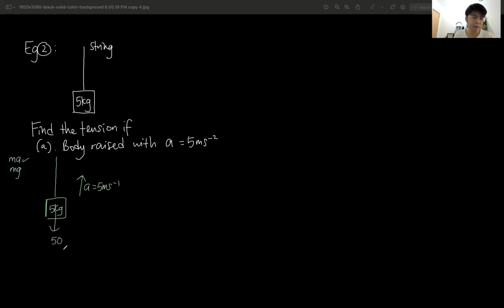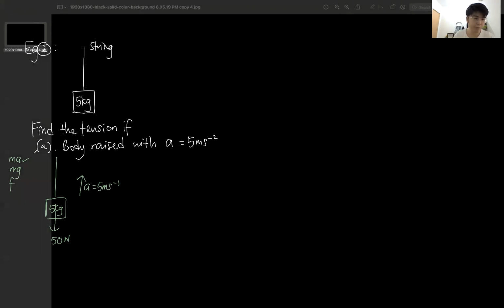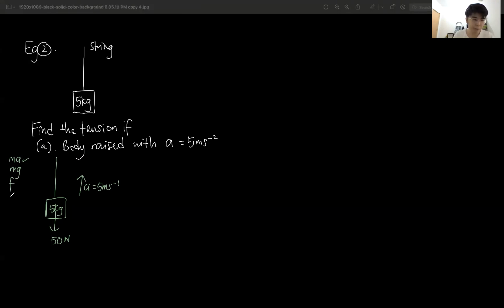Let's use 10, so 15 newtons. F, this is friction. Is there any friction? No friction, so skip this. T, tension. There is tension here.